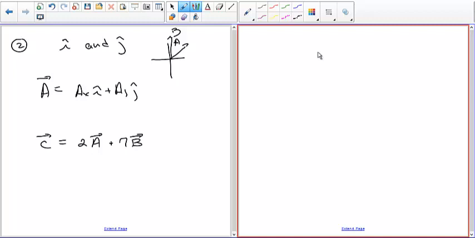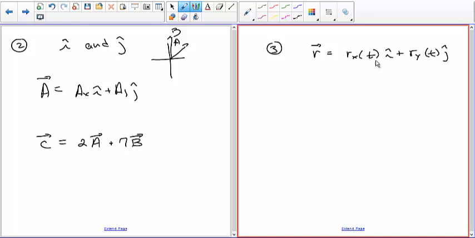Okay, the next thing I want you to be able to do is to take a position vector that's going to be r sub x, a function of t, times i, plus r sub y, a function of t, times j.